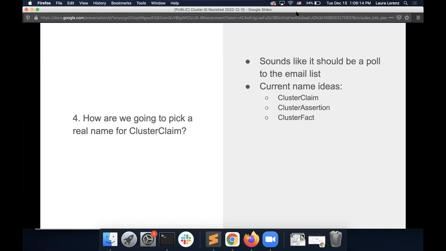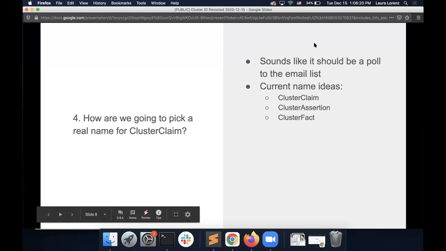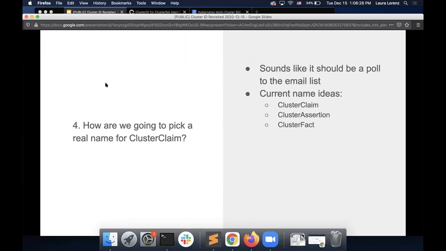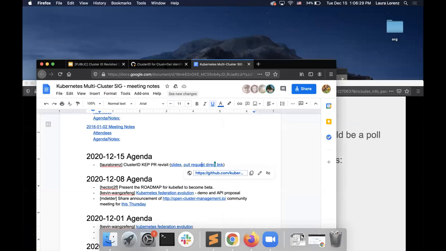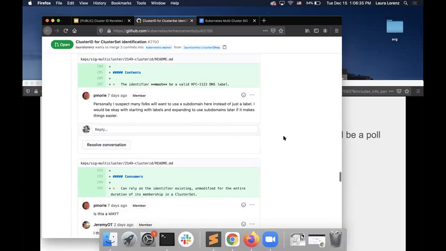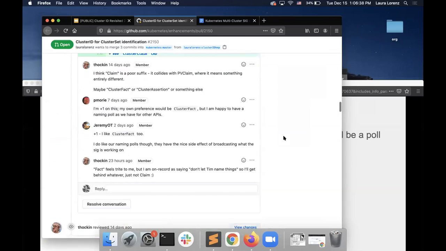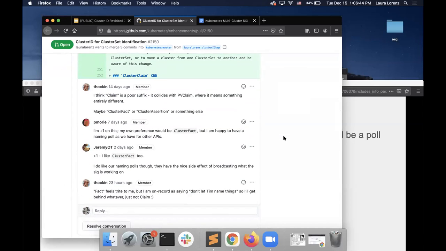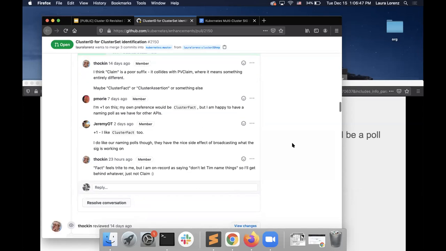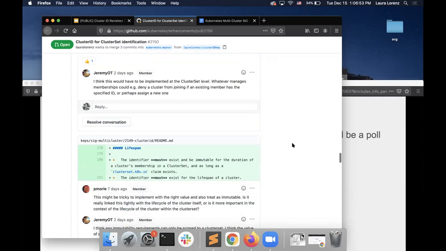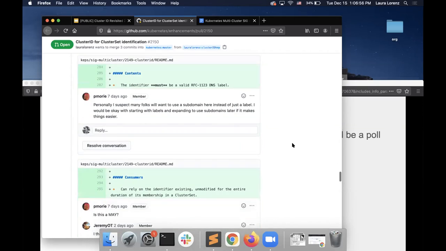Can I get a better definition of what this term is meant to reference? Yes, this is supposed to reference the structure of these two claims. They're basically combinations of name and value for either the cluster ID or the cluster set membership. Sorry, I'm trying to pull up the definition of them, but now I'm lost.